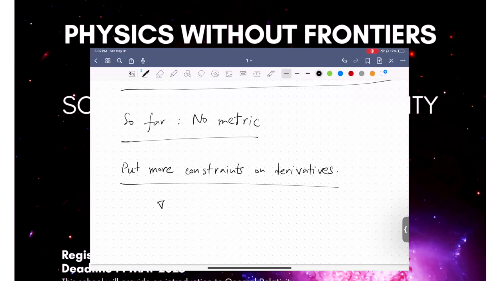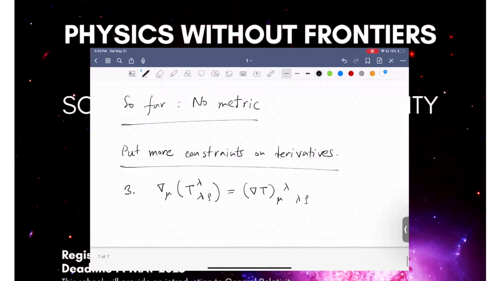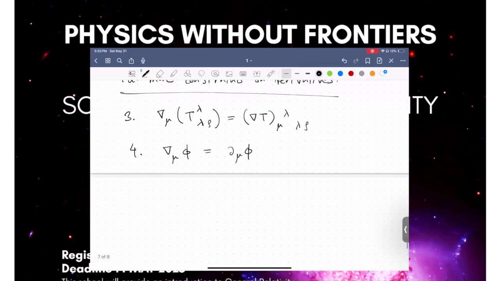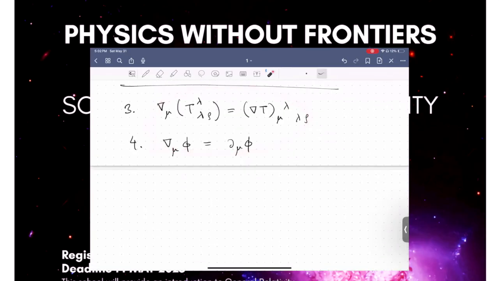I'm going to write down the constraints now, and I'm going to talk about their significance during the next lecture, which is that we want the operation of taking derivative to commute with the operation of contracting indices. And we want the covariant derivative acting on a scalar to just be the partial derivative. These are somewhat milder conditions.